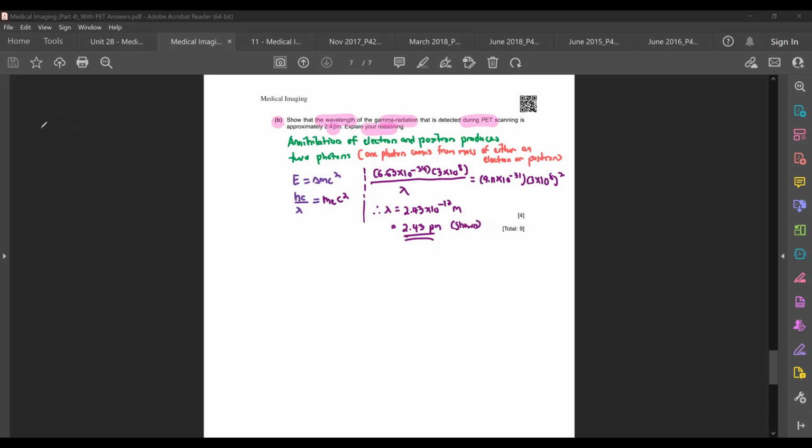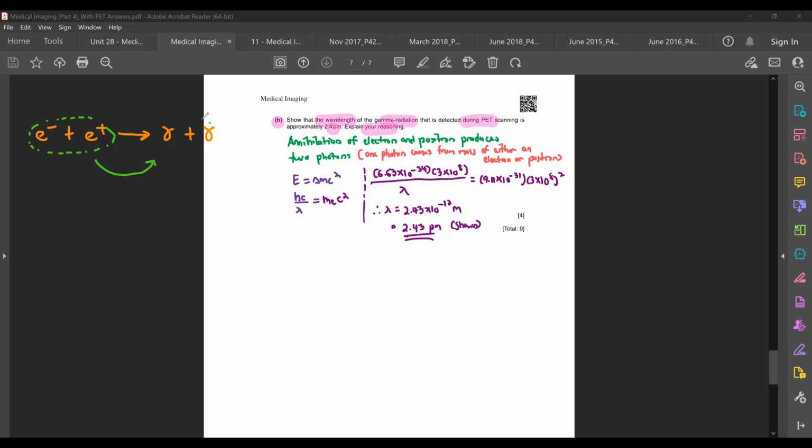If you have an electron interacting with a positron, that in turn gives you your 2 gamma photons. Right now, you want to find out the wavelength of the gamma photons that are being emitted. So just now, as I mentioned to you, this electron and positron, they annihilate.